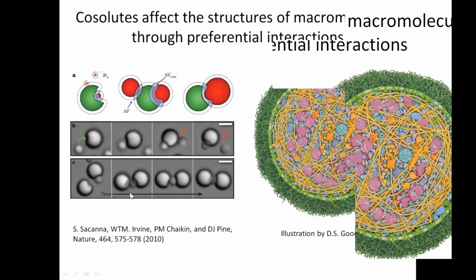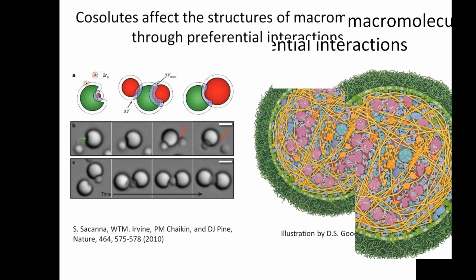On the left-hand side, we have an example of two colloids from the Shpaisman group. Once they are exposed to a solution that contains a cosolute excluded from the colloid, the addition of this excluded cosolute drives the association of these colloids with one another.